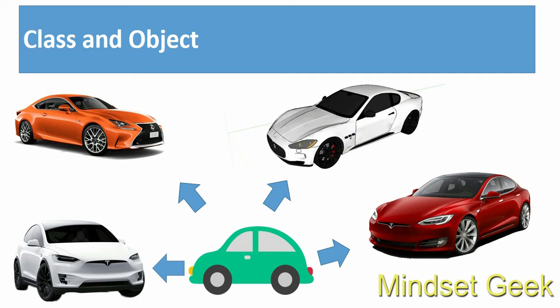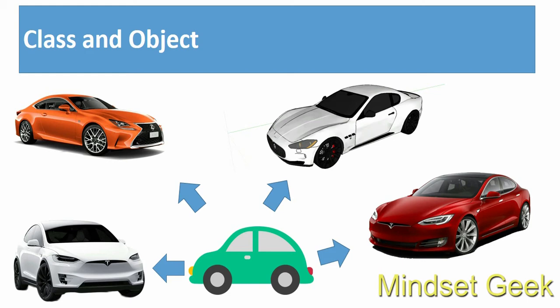For classes, we take any real world object as a class, right? Not only a car, you can take anything. Then we create objects from that class. Objects use that model or blueprint.